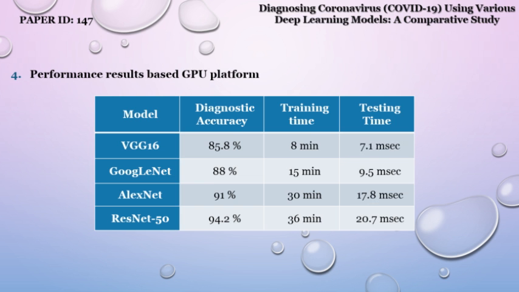With the GPU platform, the processing time decreased a lot, so all models become suitable for use in real-time applications. The accuracy did not change.